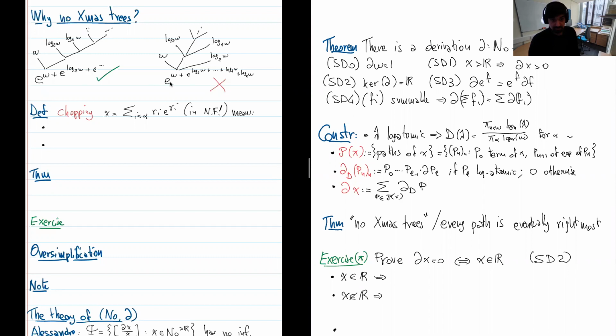Okay, so for example, this one would be e to omega plus e to stuff, and there's a plus 2 log 2 omega at the end. And then the exponent here has the same shape, log 2 omega plus something else plus log 4 omega. So every time you see three terms, and the thing in the middle splits again into 3 terms.